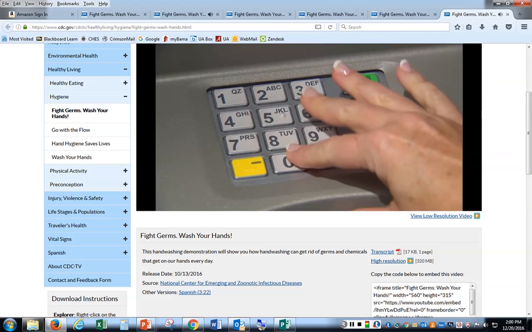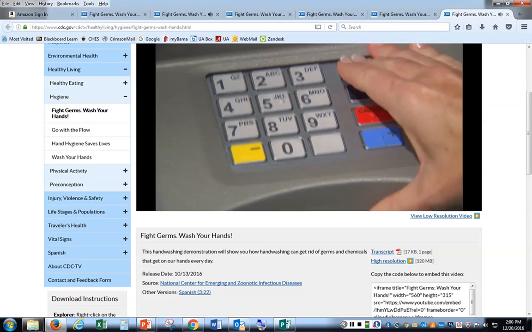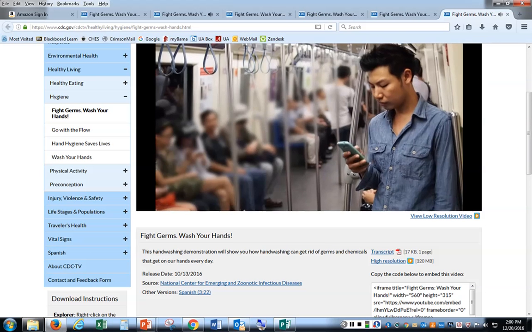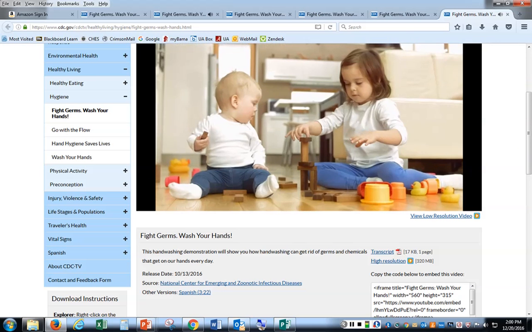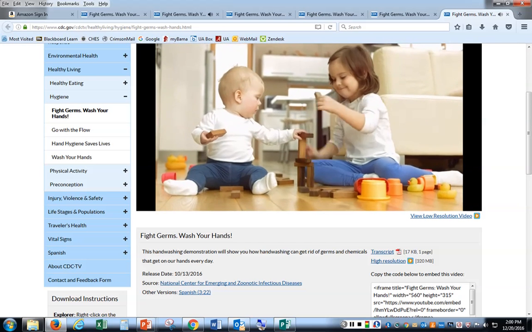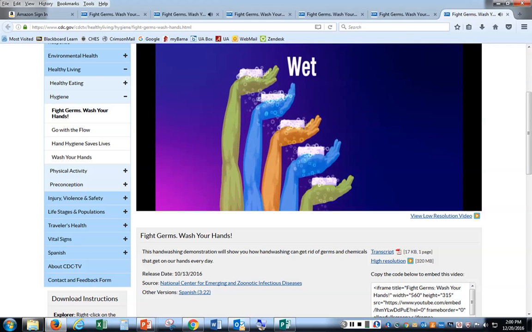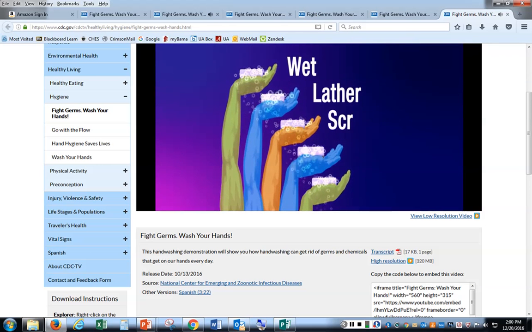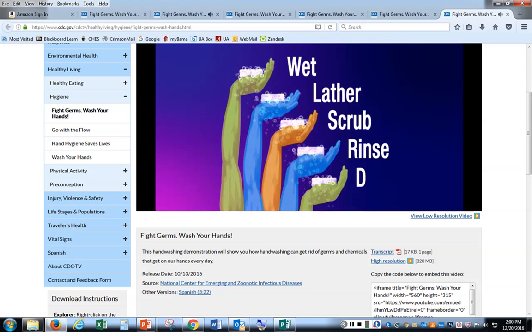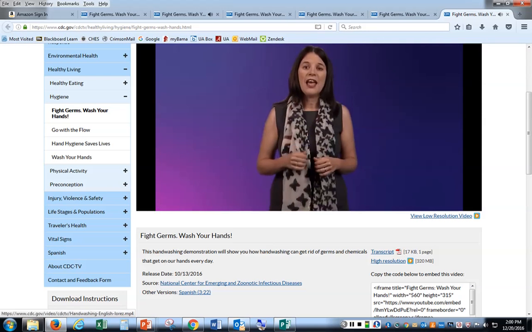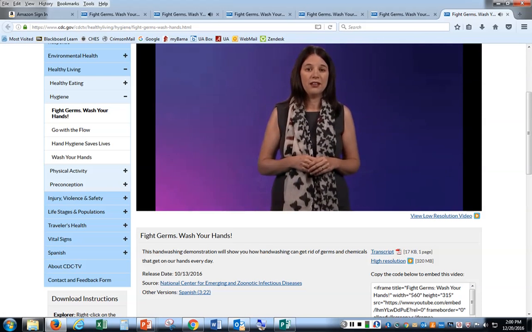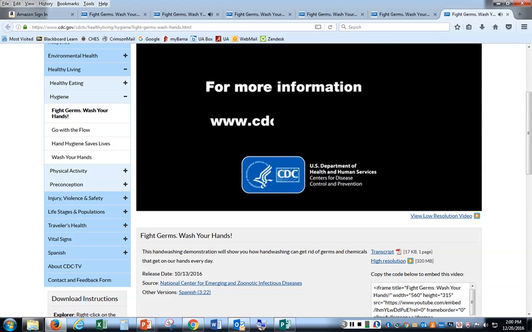Also, germs and chemicals from unwashed hands can be transferred to other objects like cell phones, tabletops, or toys, and then transferred to other people's hands. That's why it's so important to wash your hands following these steps. Wet, lather, scrub, rinse, and dry so you can stay healthy and help keep those around you healthy. For more information, visit cdc.gov/hand washing.